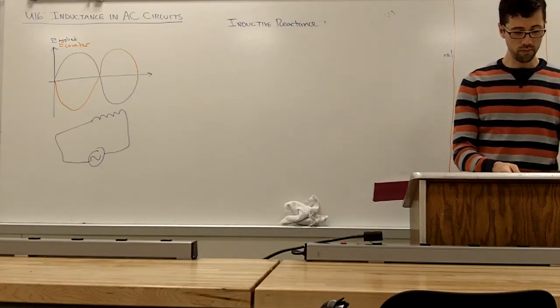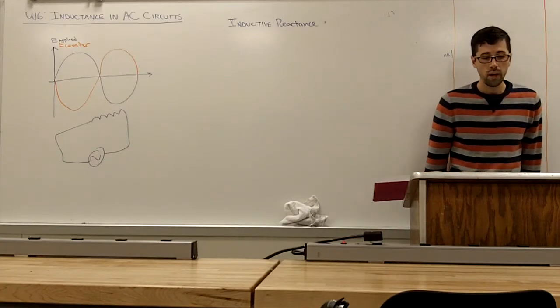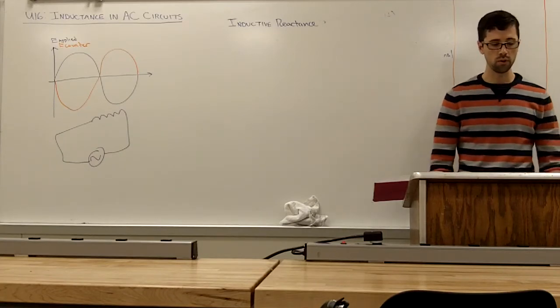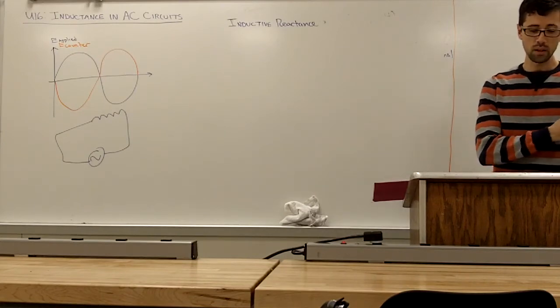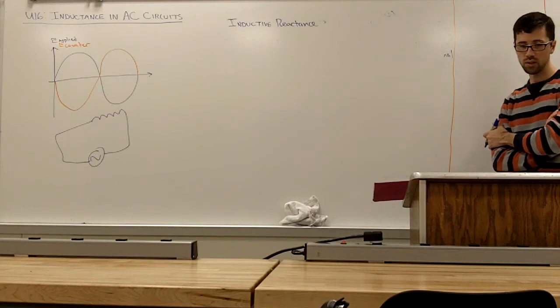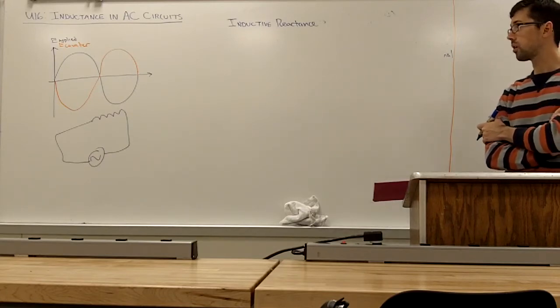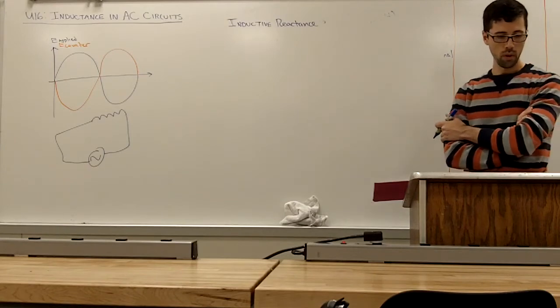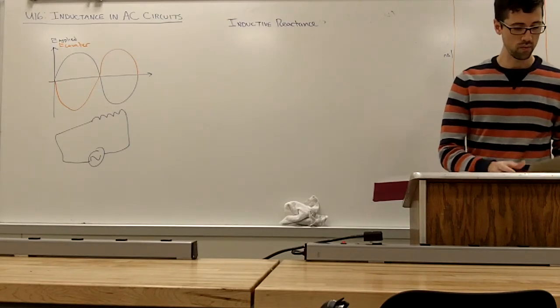Now remember, in previous circuits, resistive circuits, the value that we had for opposition to voltage and current was resistance. Technically, inductive reactance isn't the same thing as resistance, but like resistance, it opposes our applied voltage or applied current. And so we will give that units of ohms, same as resistance.